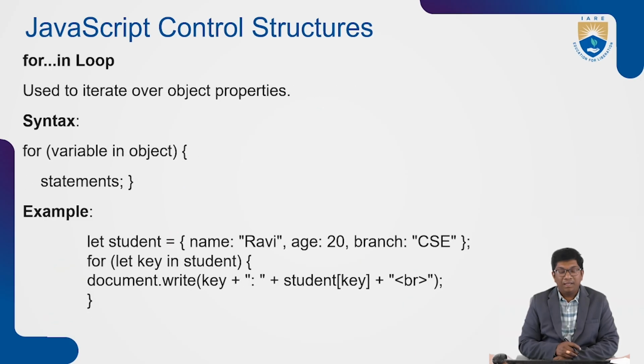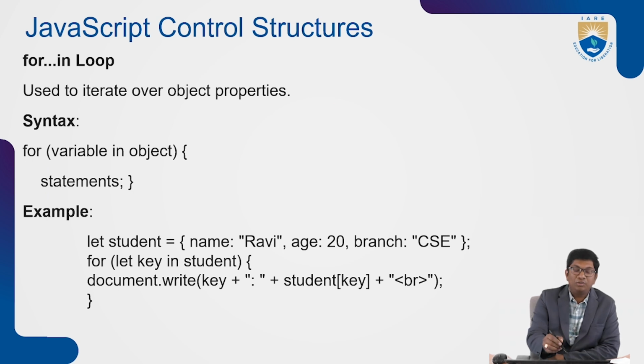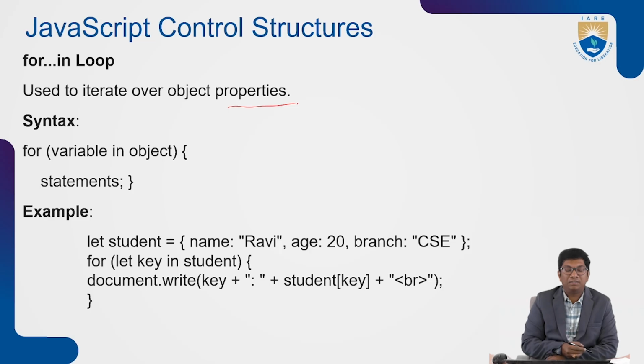Next, in JavaScript we have the for in loop, used to iterate over object properties. Based on the properties of the object, if you want to iterate the process and execute the block of code, then you can use a for in loop.